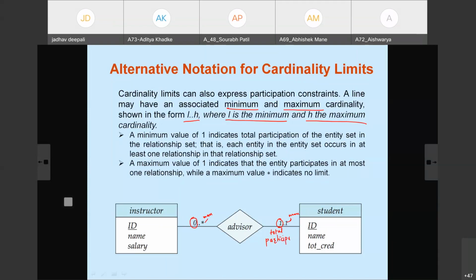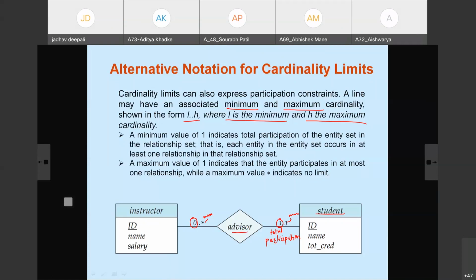Here in this case, the minimum value 1 indicates the student entity set participates in at least one relationship set, or is associated with the instructor through that relationship set advisor. At least one means total participation.